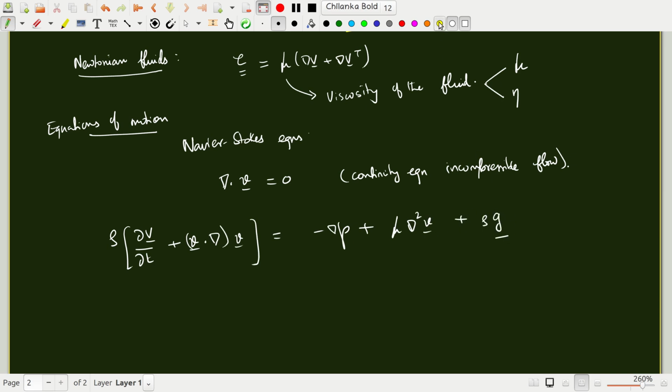The left side of this is the mass per unit volume, which is rho, times the rate of change of velocity as you follow a material particle, that is, as you follow a fixed set of fluid points. It's not simply the time derivative at a given location, which is a partial derivative of that variable like velocity with time.